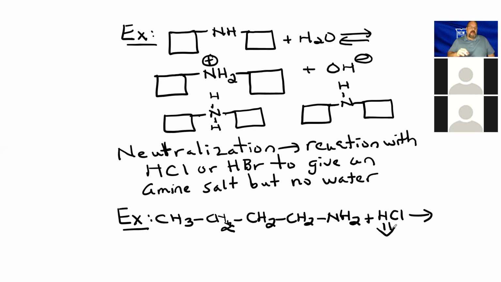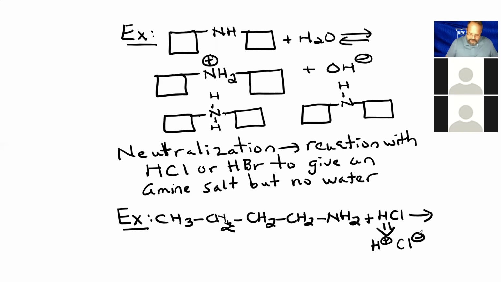So when you look back on reactions that used NaOH or KOH as a reactant, we thought about the NaOH as Na plus and OH minus, and the KOH as K plus and OH minus. HCl, as we know, is a strong acid. So we're not going to think about it in this case as HCl. We're going to think about it as H plus and Cl minus.